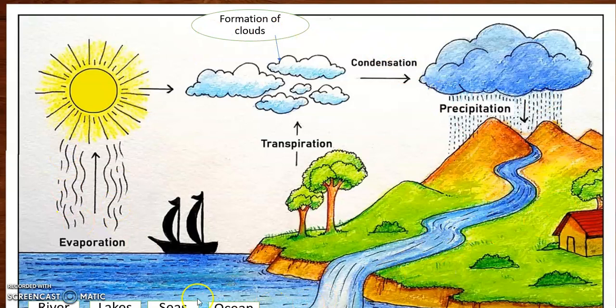This is the process of the water cycle. So again, number 1, evaporation. Number 2, condensation. Number 3 is precipitation. So again, water sources like rivers, lakes, seas, and oceans evaporate and change into water vapor.